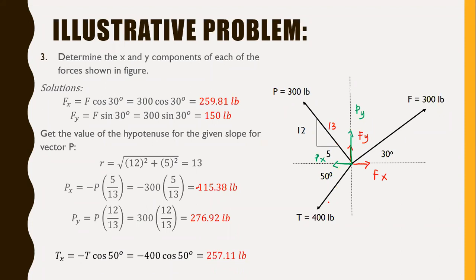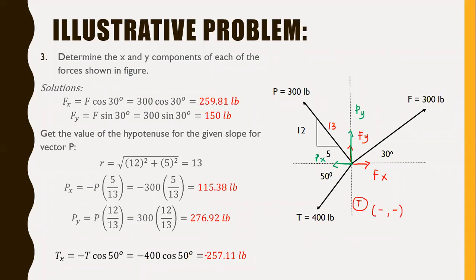Now, for your vector T, we have 400 pounds and 50 degrees. Remember that your vector T is lying on the third quadrant. Therefore, the sign of your X is negative and the sign of your Y here is negative for vector T. We have Tx is equal to negative T cosine 50 degrees, which is equal to negative 400 cosine 50 degrees.